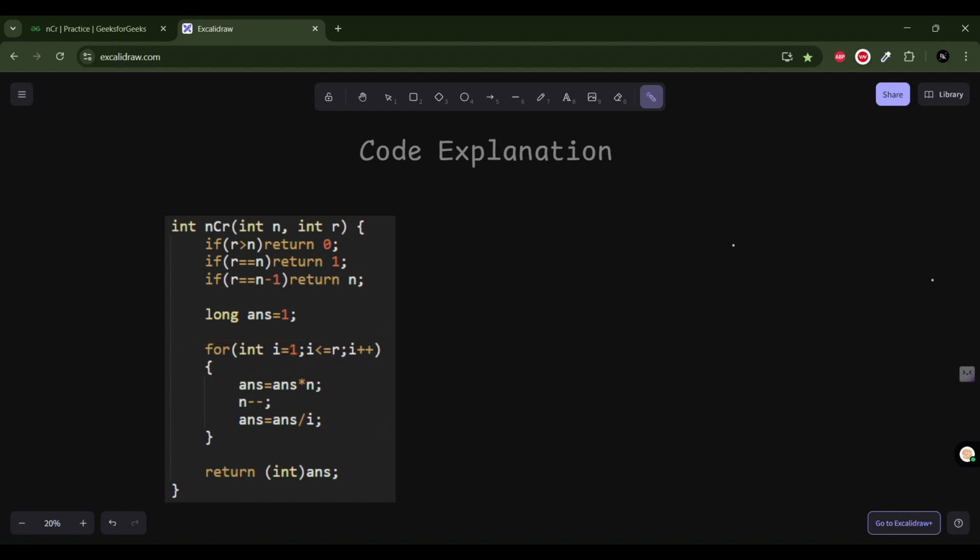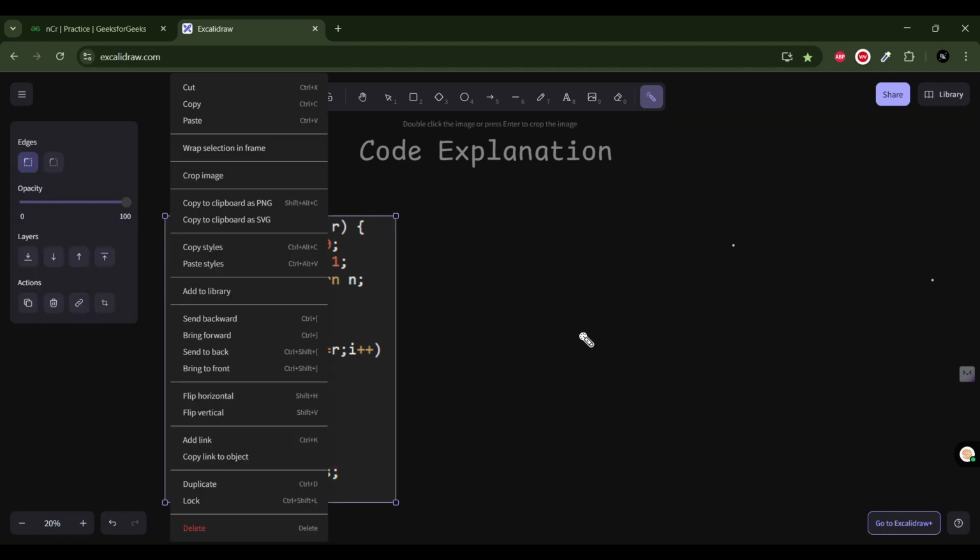Every time we multiply with n, simultaneously decrementing it, and also dividing by i. This all gives us nCr. We are storing it in a long, and then we have to return an int, so we are typecasting here and returning the answer.